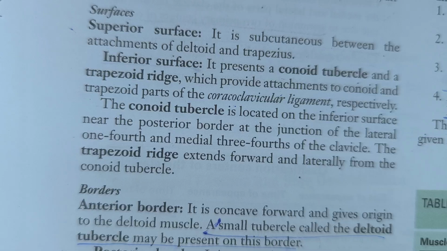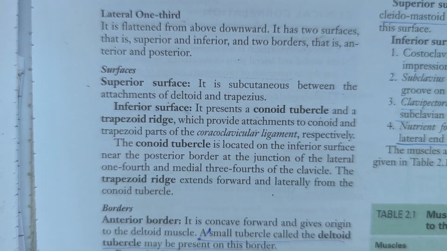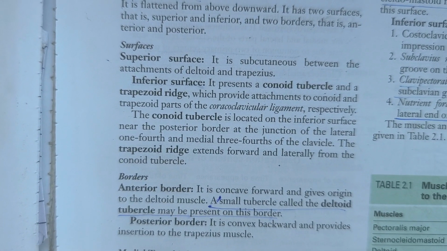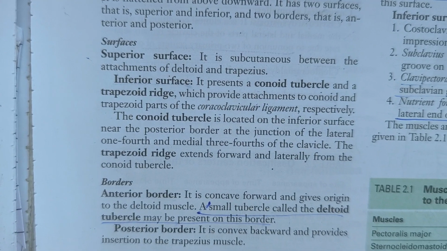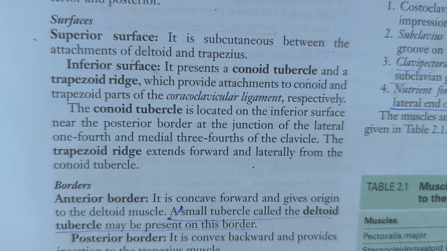So we have seen this conoid tubercle and trapezoid ridge, which provides attachment to the same parts, that is conoid and trapezoid part of coracoclavicular ligament.